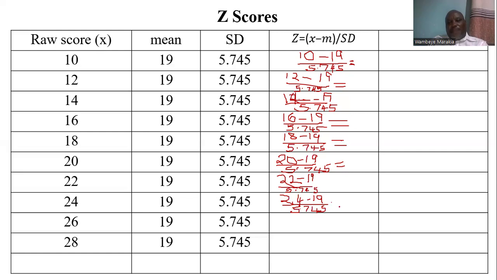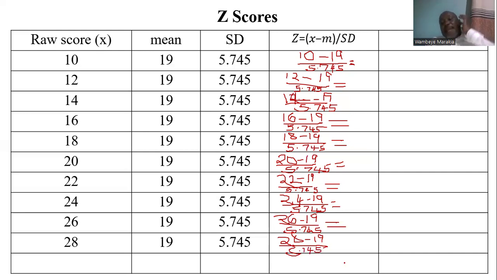Just about to finish, have your calculator to calculate and see what you're able to get there. Then here we have 26 minus 19 all over our standard deviation, 5.745. You see what you're going to get there. And finally, we have 28 minus 19 all over 5.745.